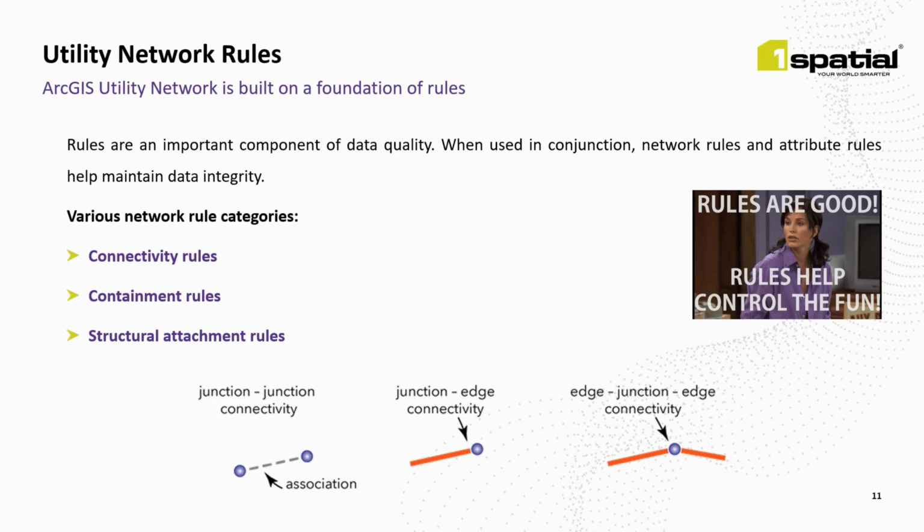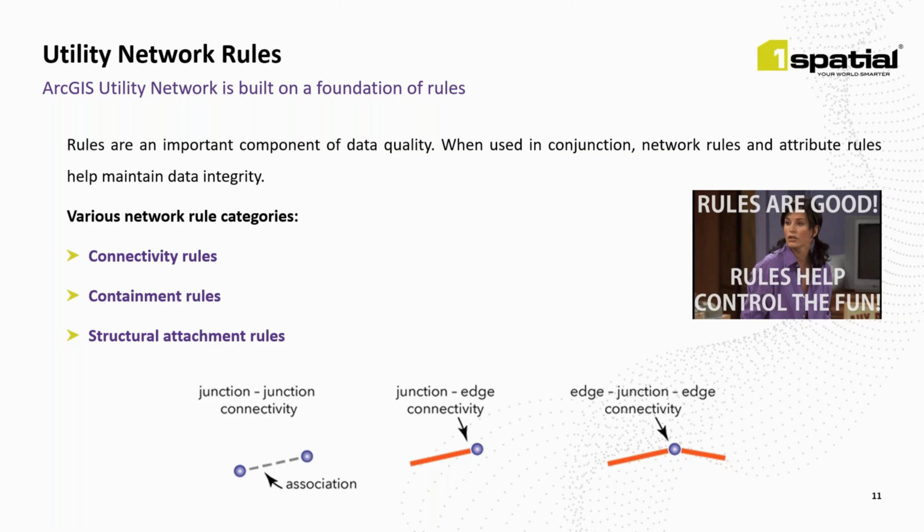We've already touched on the data quality aspects and the rules, and I'm just going to go into those components in a bit more detail. ArcGIS Utility Network is built on a foundation of rules. Going back to the diagram I showed about the model a couple of slides ago, we had rules right at the top level.